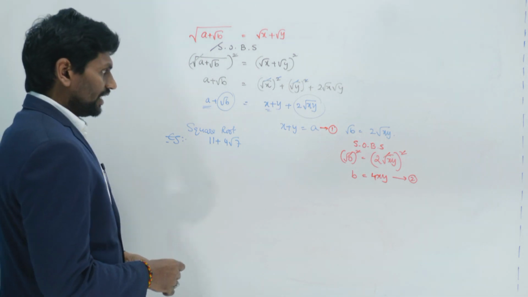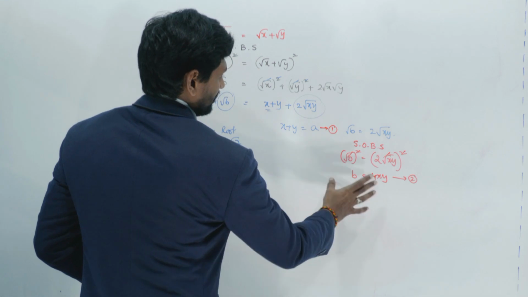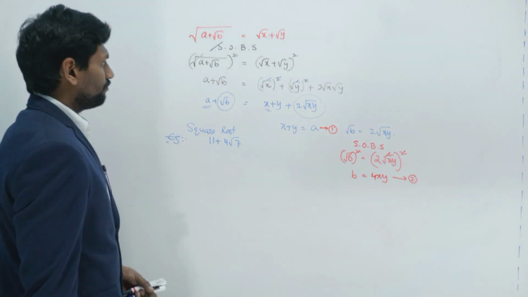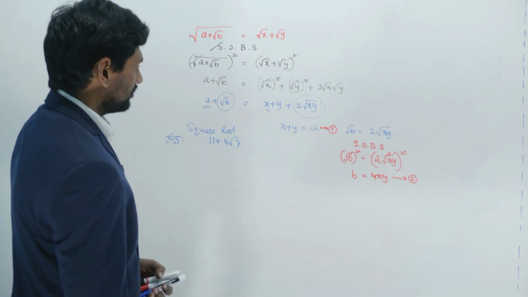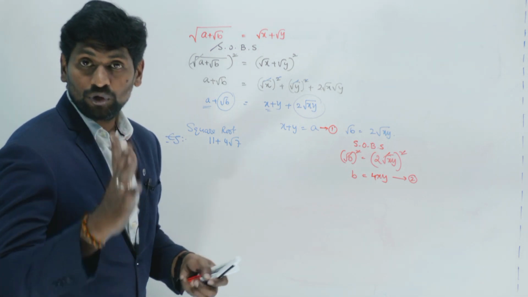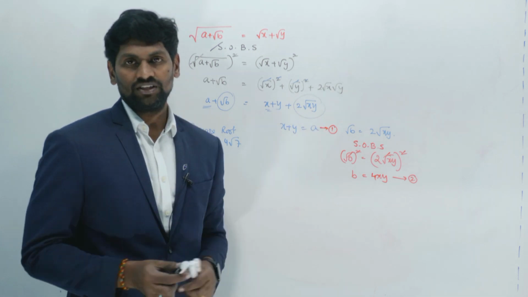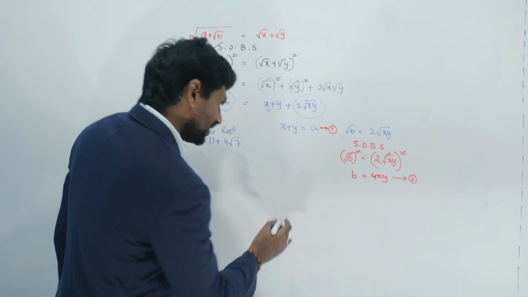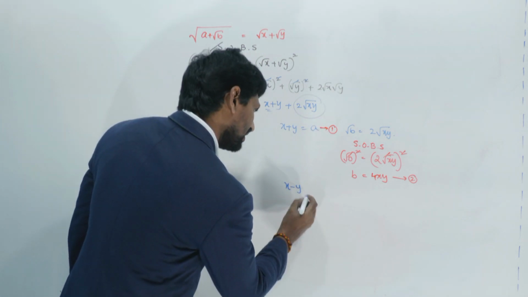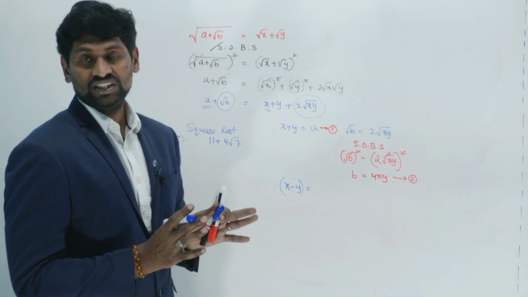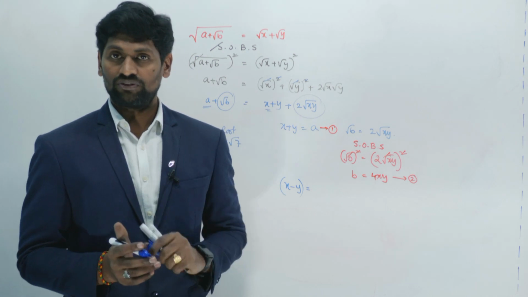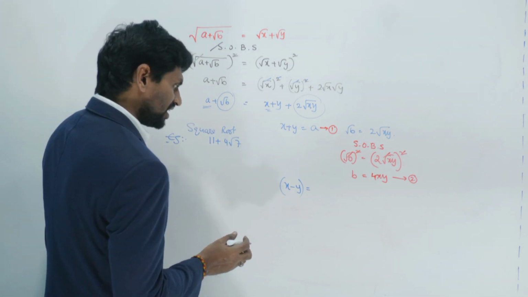Right. So let us try to substitute from 1 and 2. Now I am going to find the x minus y value. What is x minus y? By using an algebraic identity I am going to find it. What is that identity?